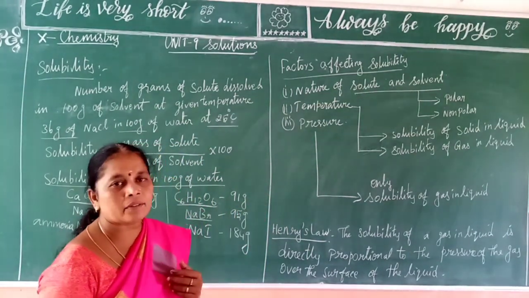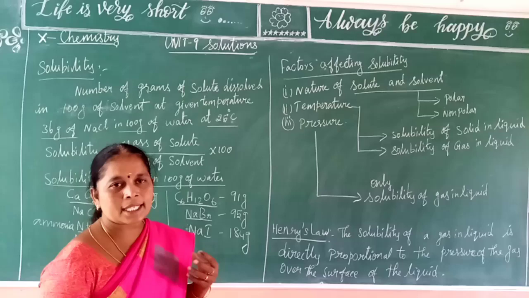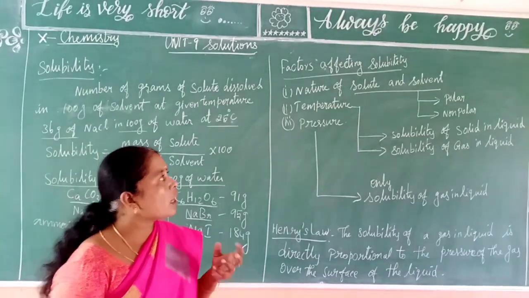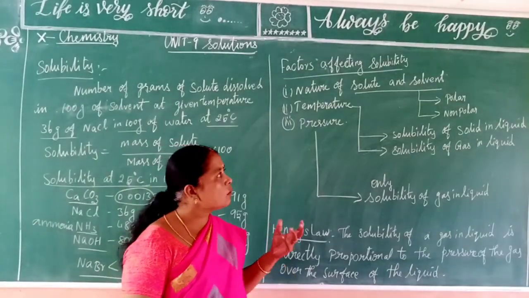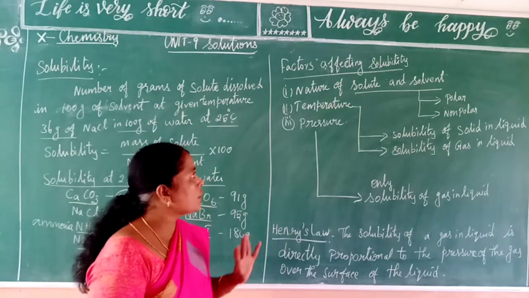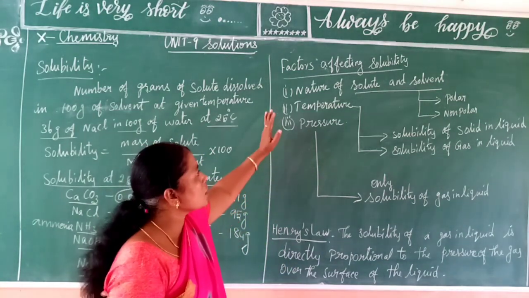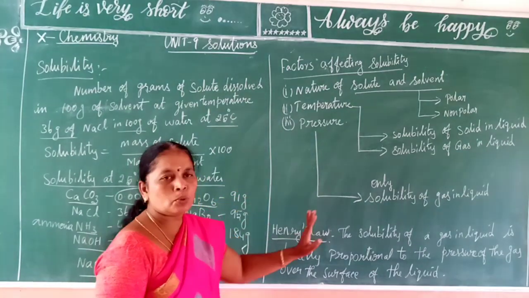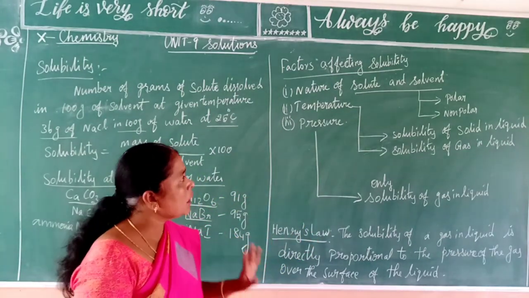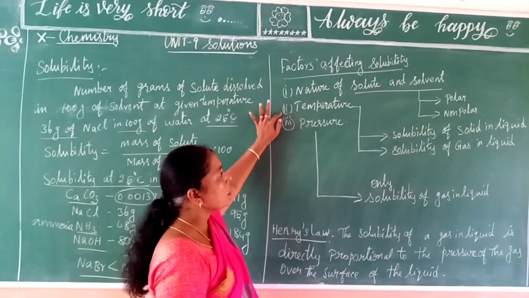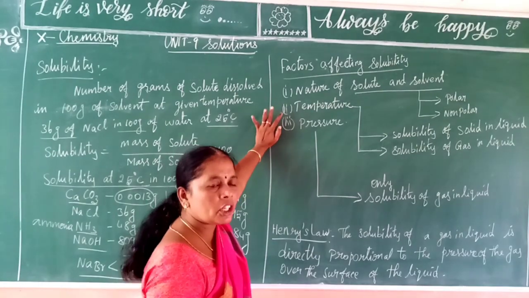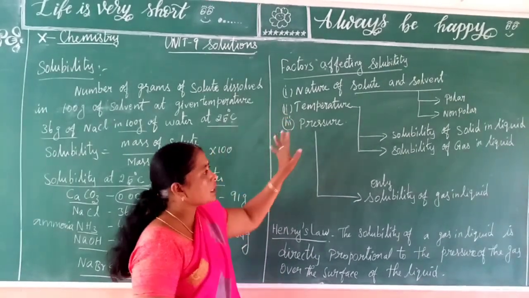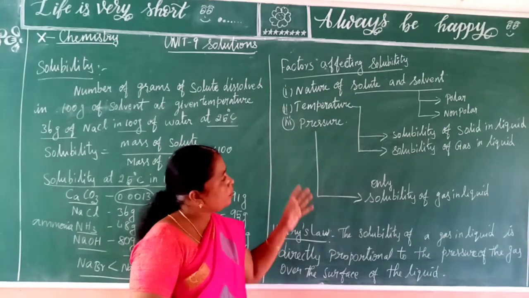What is meant by aqueous? Aqueous means water acts as a solvent. Non-aqueous means something other than water acts as a solvent. From this, the nature of the solute and solvent can be classified into two types, that is polar and non-polar. Next one, temperature. According to temperature, there are many types.